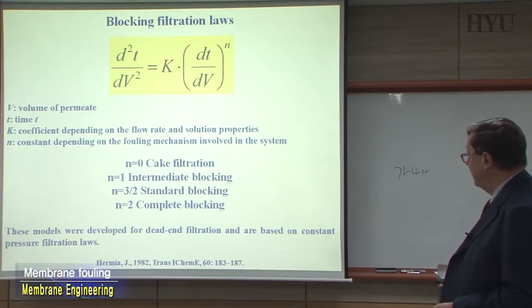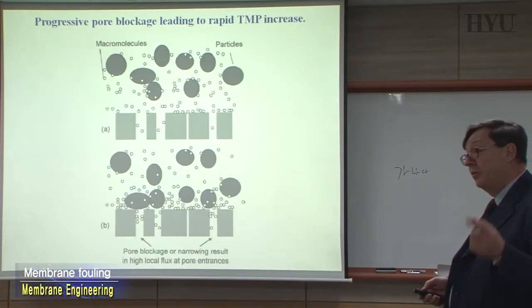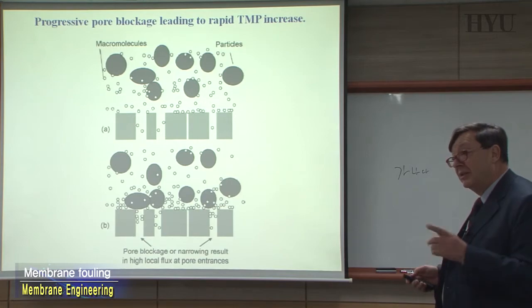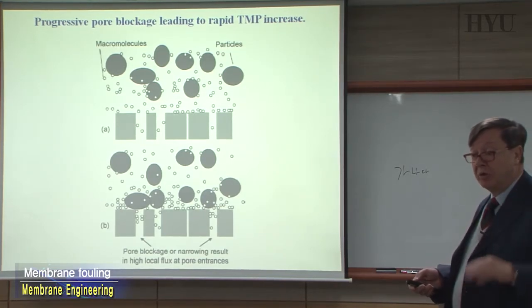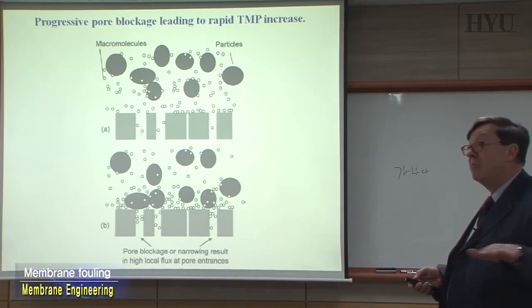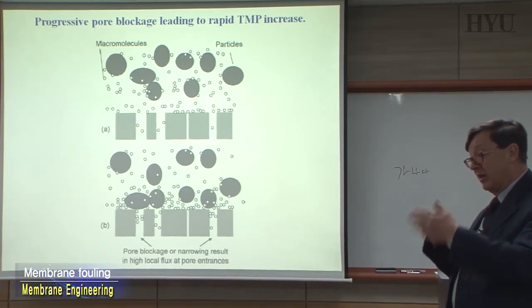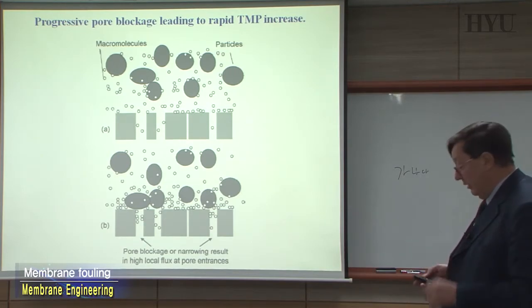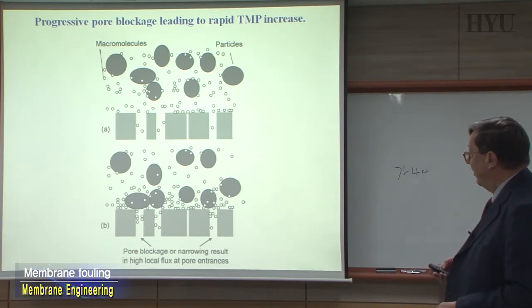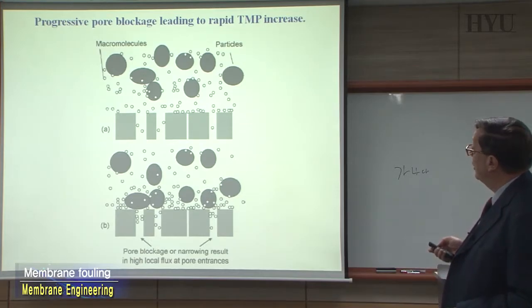But people have tried to extrapolate this kind of mechanism to membrane systems where we don't have dead-end flow. We always have cross flow on the membranes. So we are trying to change this typical situation, and these equations are not really very useful when we are working with membrane systems.